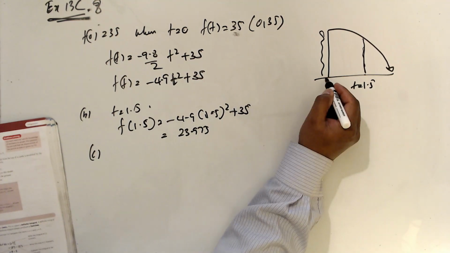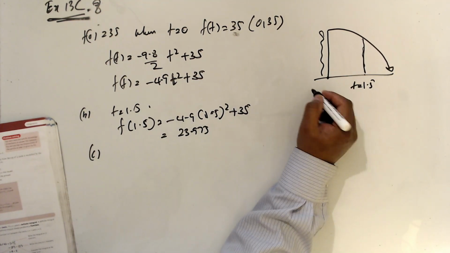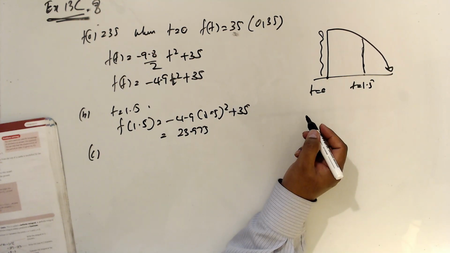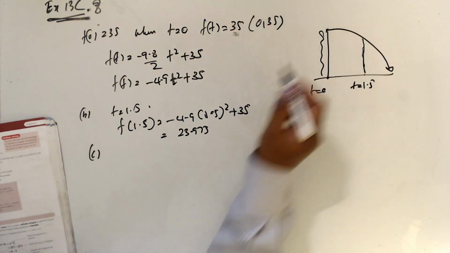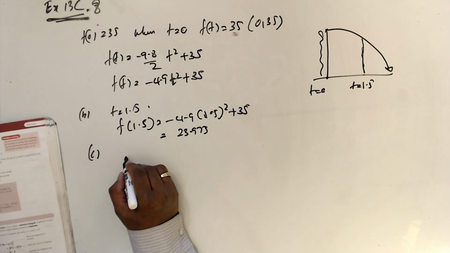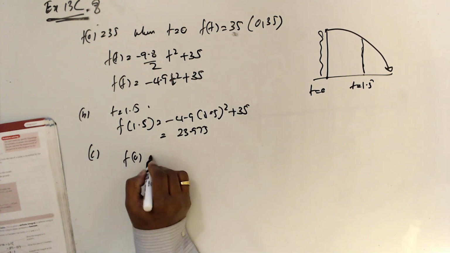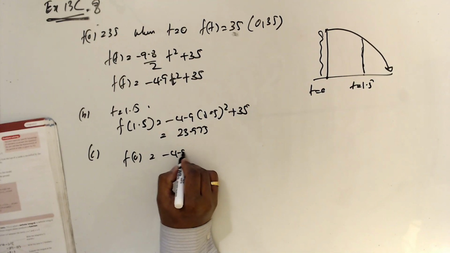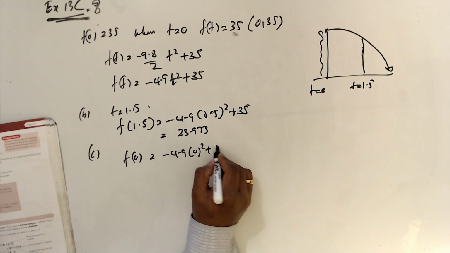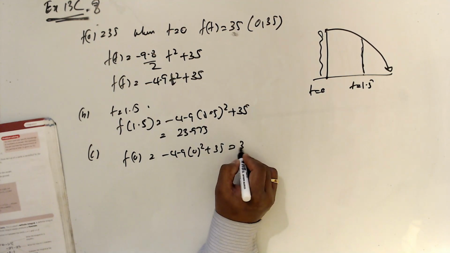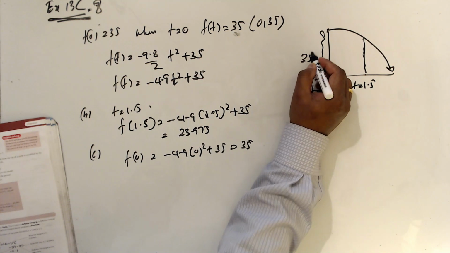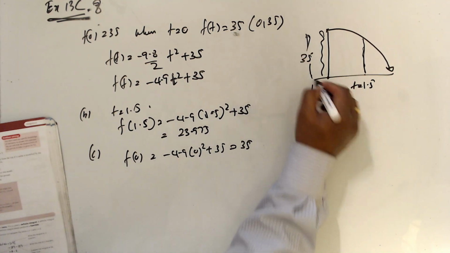Castle height you will get when t equals 0. So we substitute: f(0) is minus 4.9 times 0 square plus 35, which is 35. So castle height is 35.